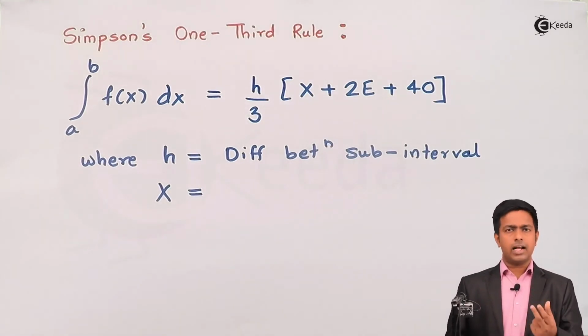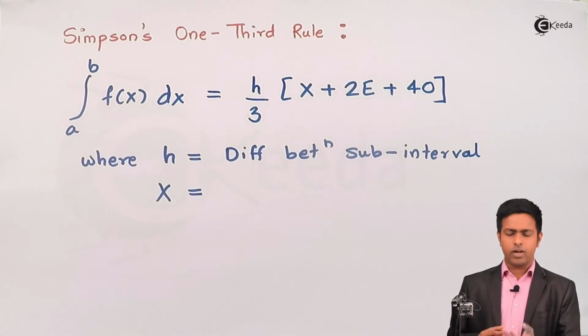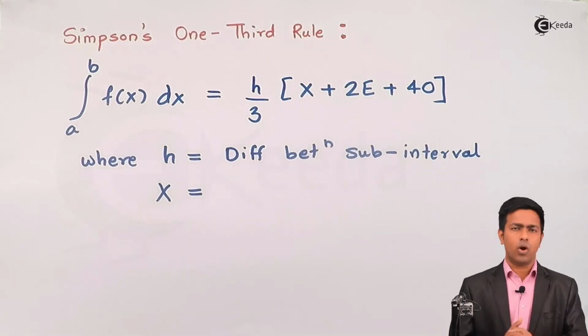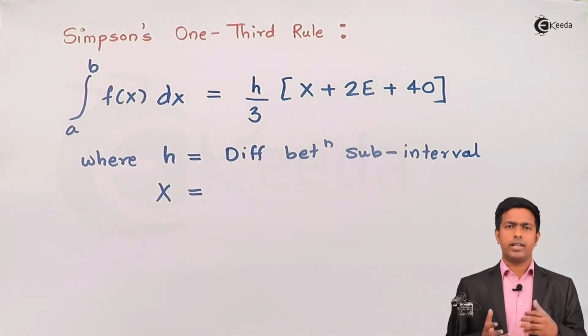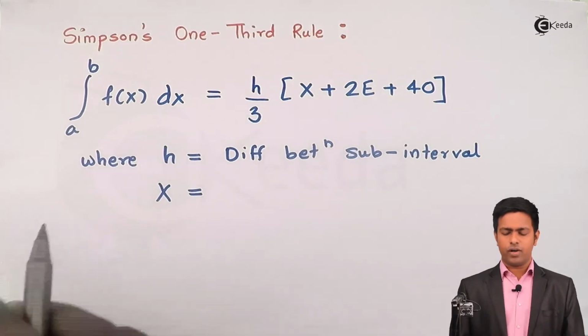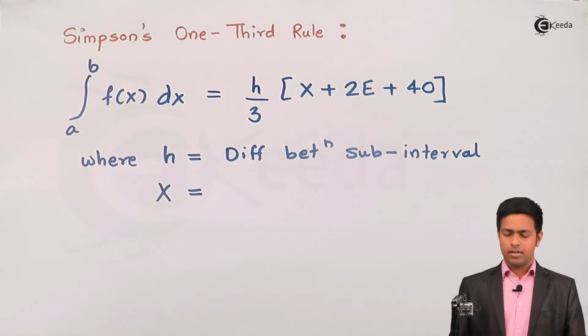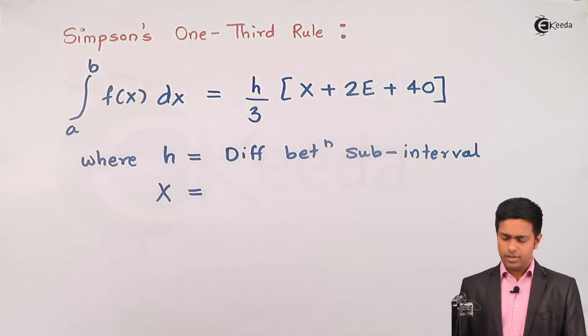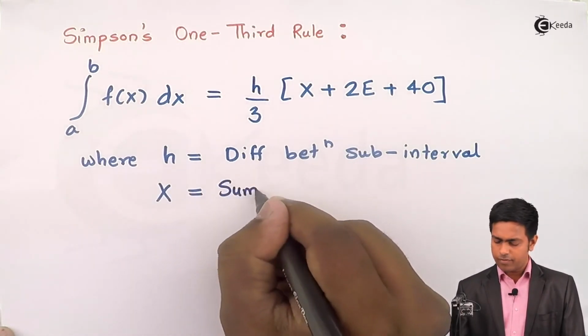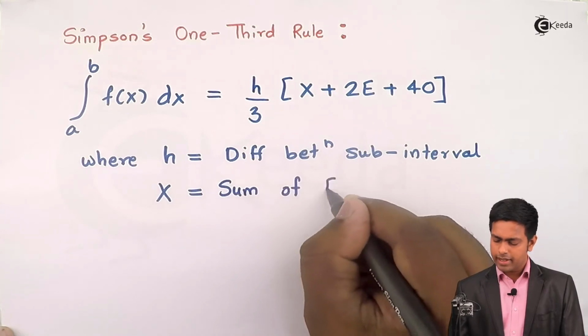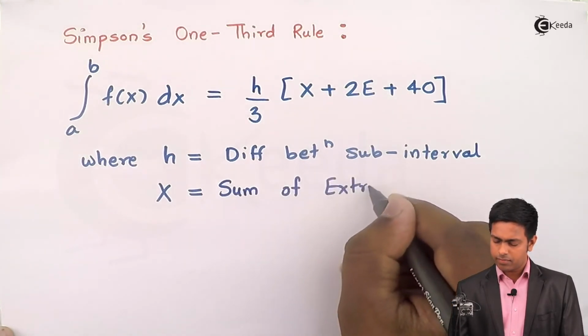That value of the function f of x is called y, and it is called the ordinate. So the ordinate is the value of the function f of x at a particular subinterval. Capital X is the sum of extreme ordinates.